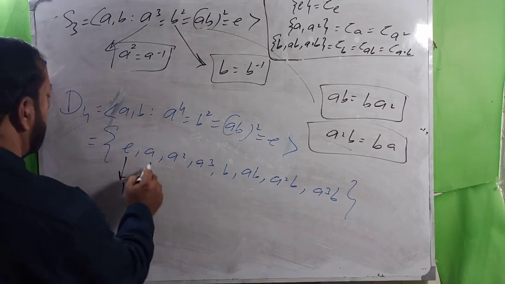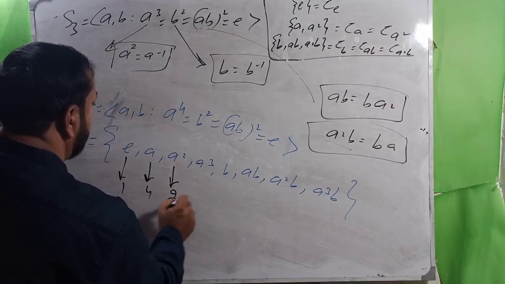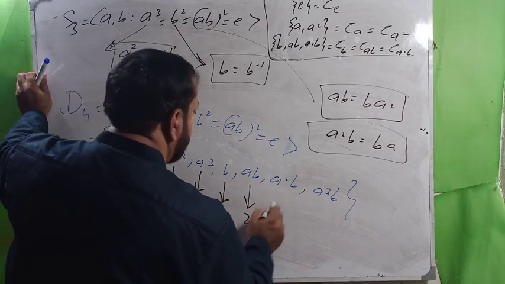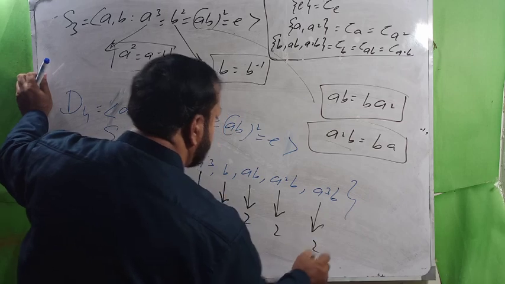This is 1, 4, 2, 4; B is 2, this is 2, this is 2, this is 2.